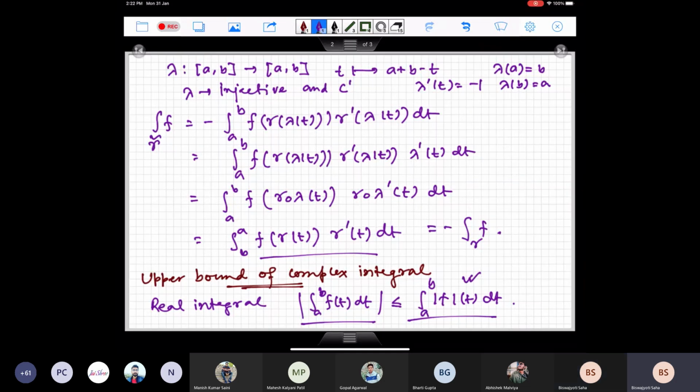Suppose my f is bounded above by some number, capital M. So suppose my f in absolute value is bounded above by some real number M, then I will be able to write that this is less than or equal to M times (b minus a), where mod of f is less than or equal to M for all t in the closed interval [a, b].